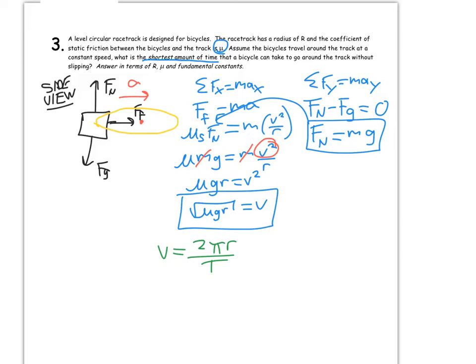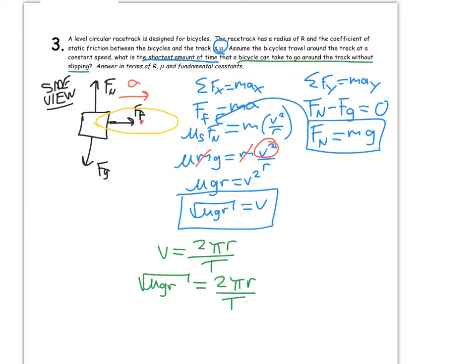Now that I've solved for that velocity, I can use it, and I know that when an object's traveling in a circle, its speed, or the magnitude of its velocity, is given by 2 pi r over t. So I can substitute in that velocity I just solved for, the square root of mu gr, for the velocity in this equation, and then I can solve for t. So t is the time for one period, or the time to go around the track one time.